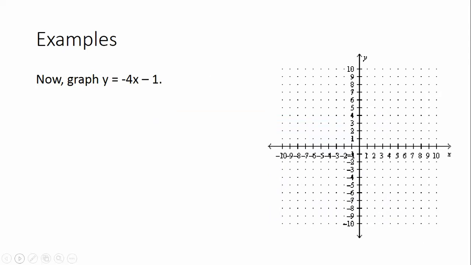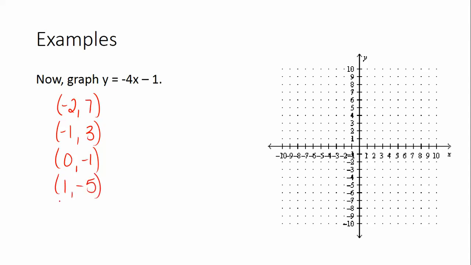And let's graph. I'm going to write down those 5 ordered pairs since they're on the other slide. Now we graph. Left 2, up 7. Left 1, up 3. Notice that is right in that line where the numbers are.